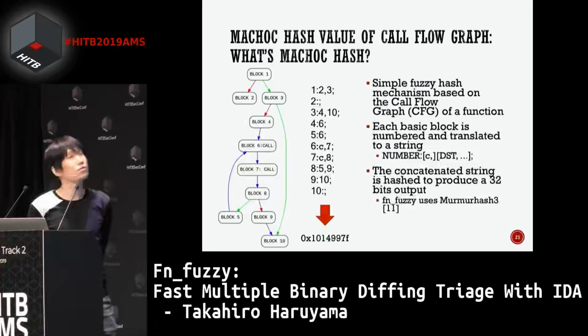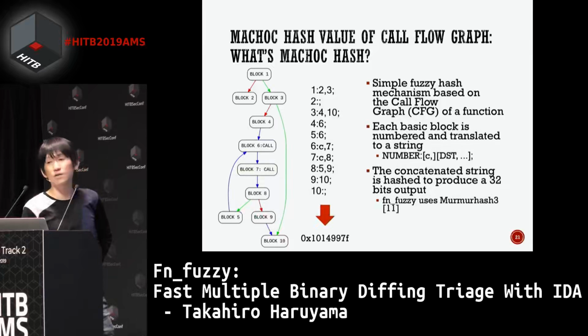What's Machoc hash? Machoc hash is a simple fuzzy hash mechanism based on the call flow graph of a function. Let's see this call flow graph. The call flow graph will be translated into these strings. Each line means basic block 1 has destination basic blocks 2 and 3.